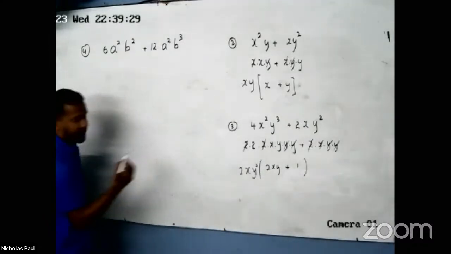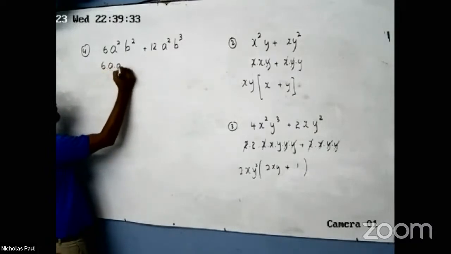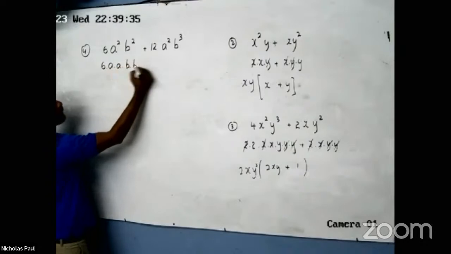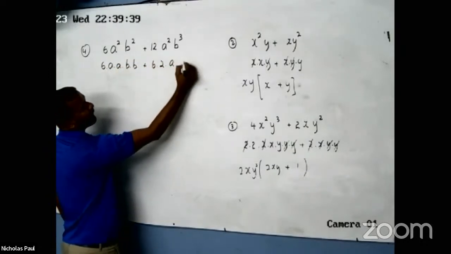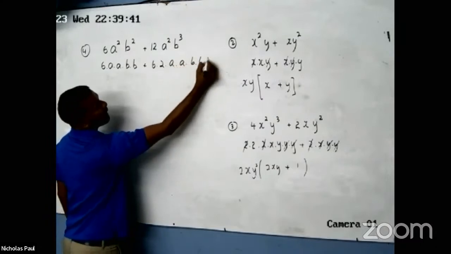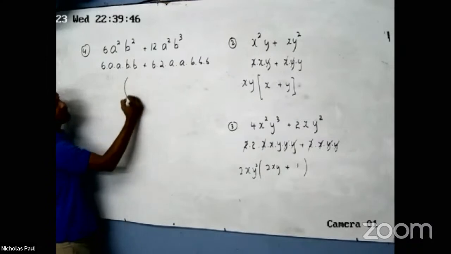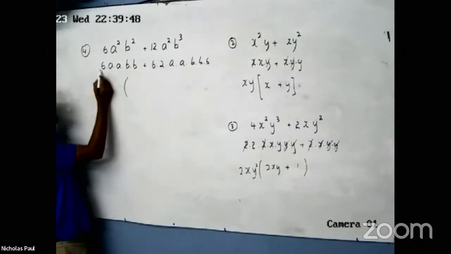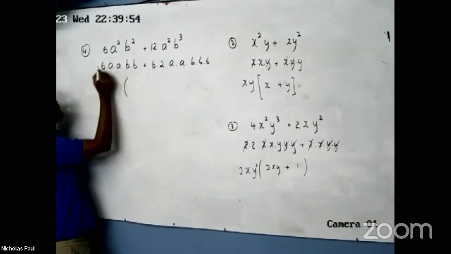All right, so what is here? 6 by A by A by B by B. 12 is 6 by 2. This is A by A by B by B by B. What do they both have in common? Start with the numbers. They both have 6 in common.